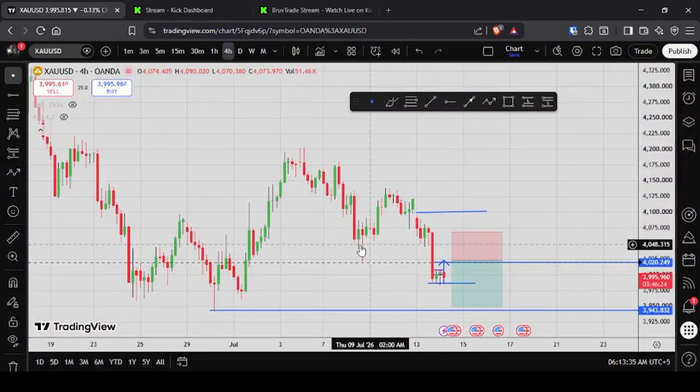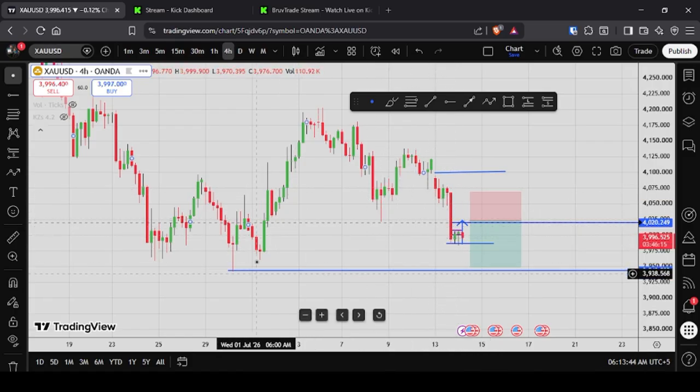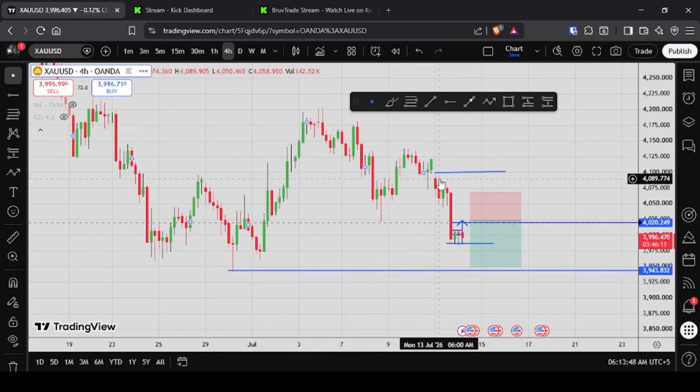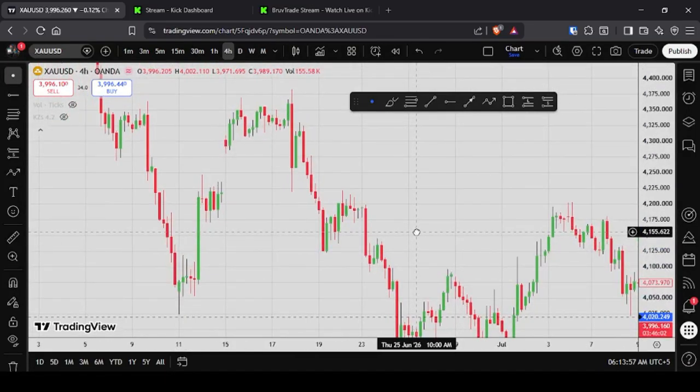But maybe you're right, because the red candle has taken out this liquidity. But as you can see, there's a major liquidity right here, then here. So instead of going till here, it could go here, then here. What do you think?